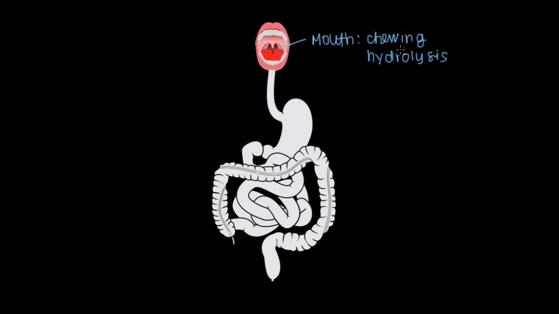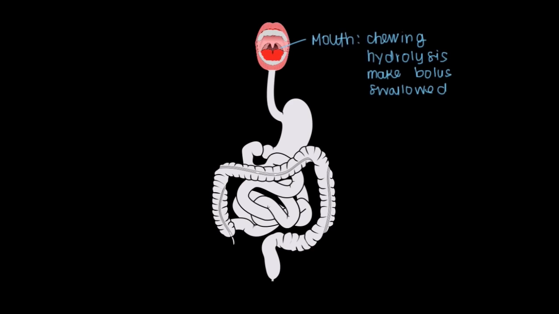Where chewing is the physical breakdown, hydrolysis is the enzyme-assisted breakdown of food. And so as we break down food, the goal here is to make what's called a bolus, just a sphere of digested food that can then be swallowed and passed on into our next structure.